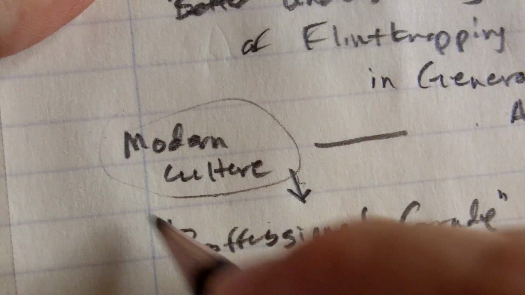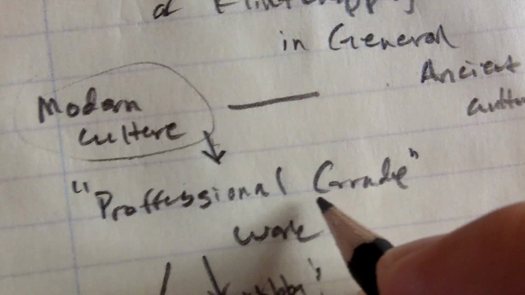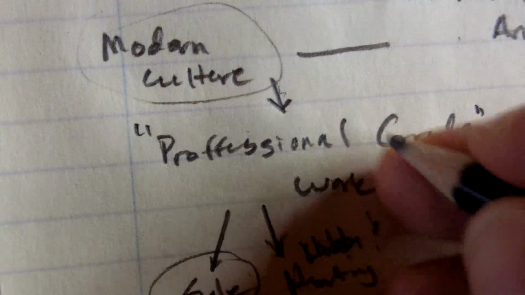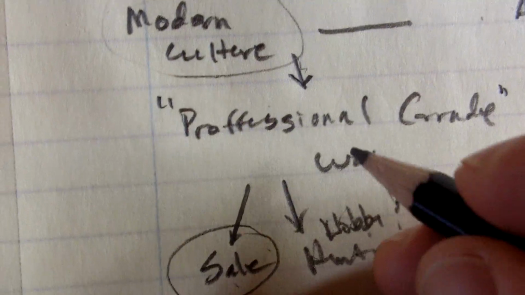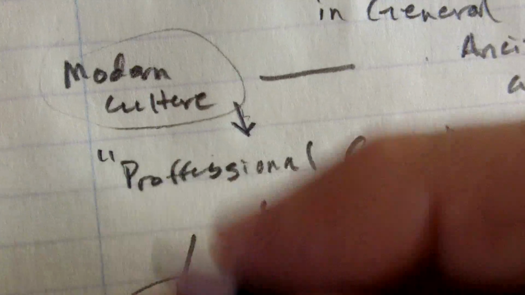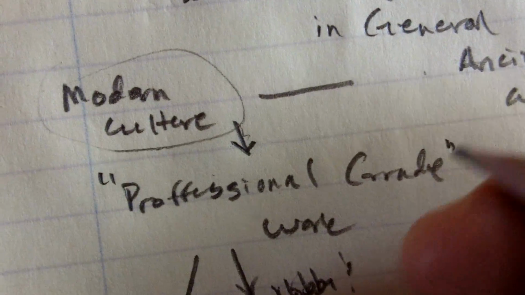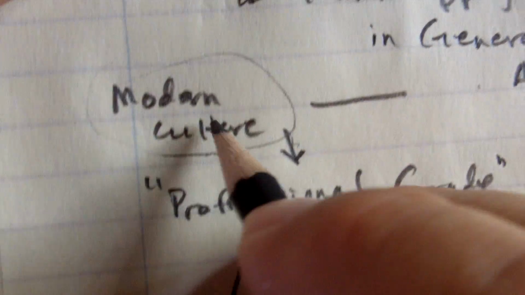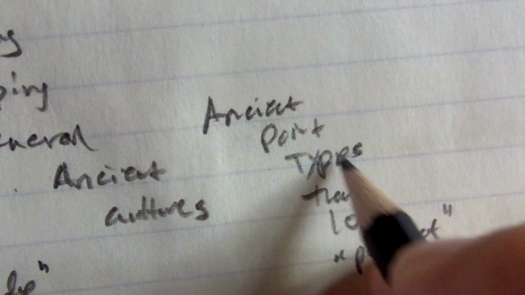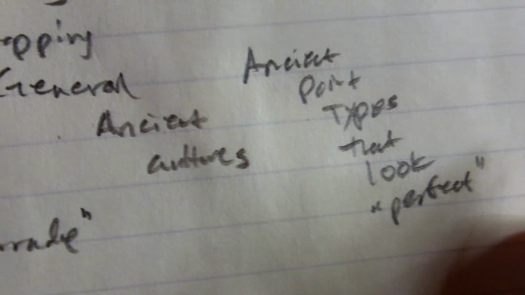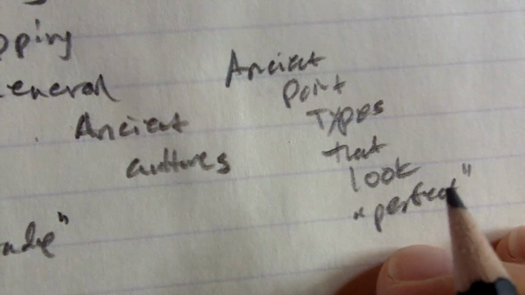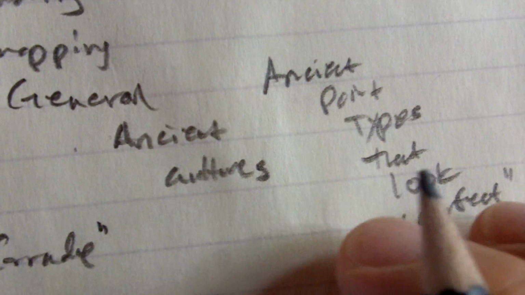Okay, they have this mentality that they need to produce professional grade work in order to show it, or to show that they are knowledgeable or professional. Okay, for selling, and for other reasons, maybe not for sale, but for personal enjoyment or personal satisfaction. But then they carry this over into producing ancient point types that look perfect. Okay, and it blurs what actually was created in the past.